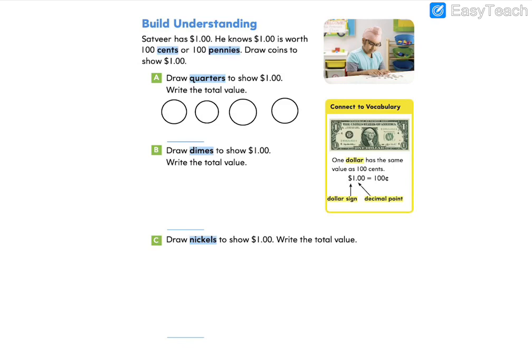And we can label each of our quarters with our 25 cents, just to show that those are quarters. So we have 100 cents here. Let's write that in dollar form. 100 cents is equal to $1.